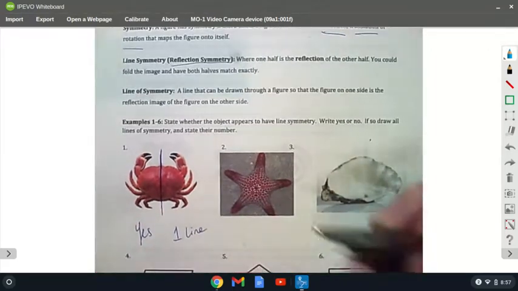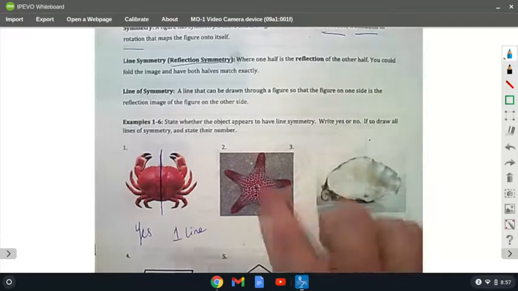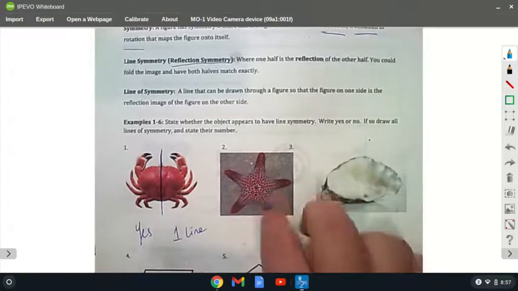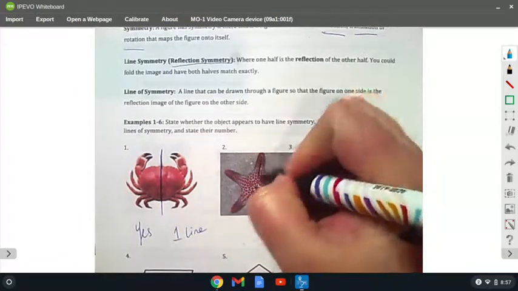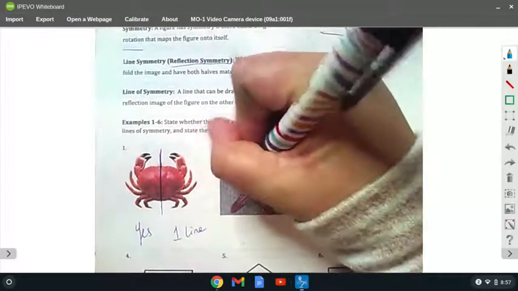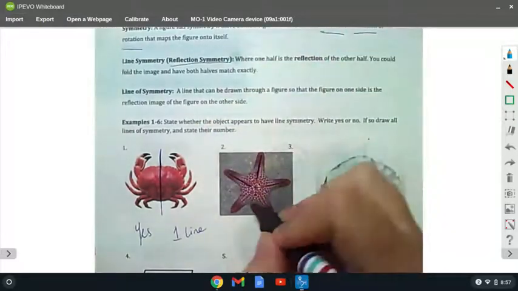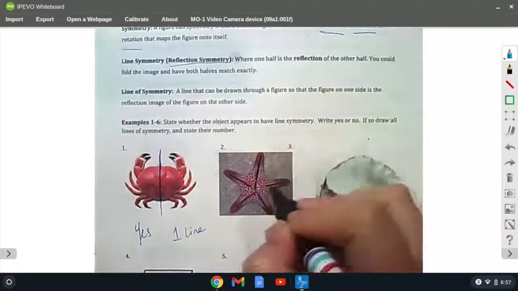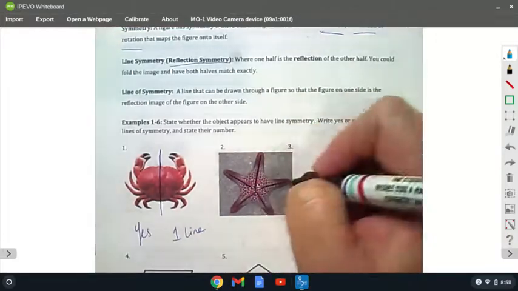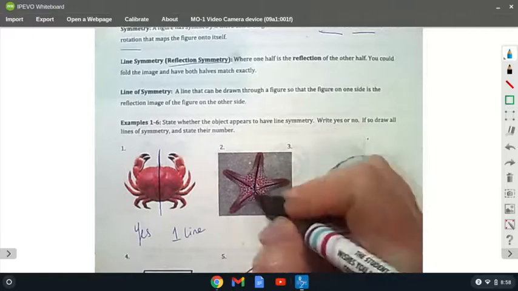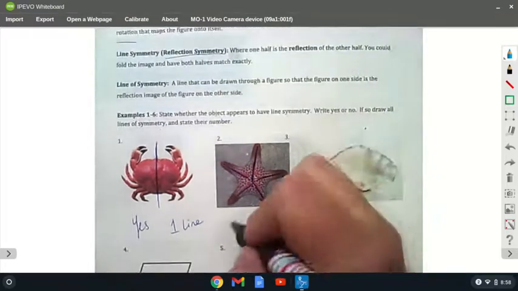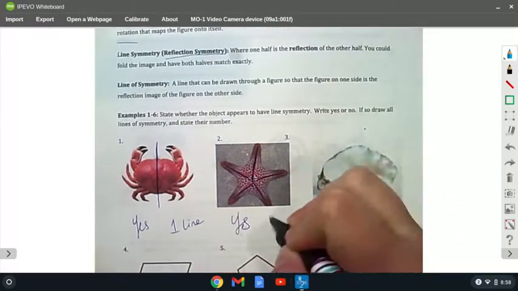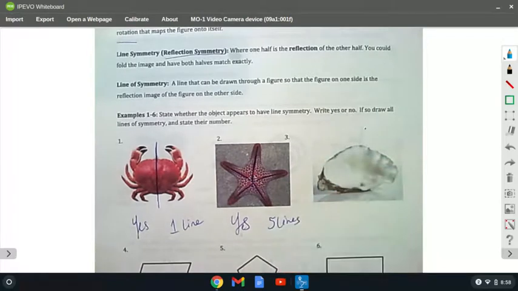This starfish has 5 equal tentacles or legs or whatever you want to call them. So coming off of those legs are 5 lines of symmetry that all meet in the middle, and these are all equal symmetric parts of the starfish. So yes, this has lines of symmetry and it has 5 lines.